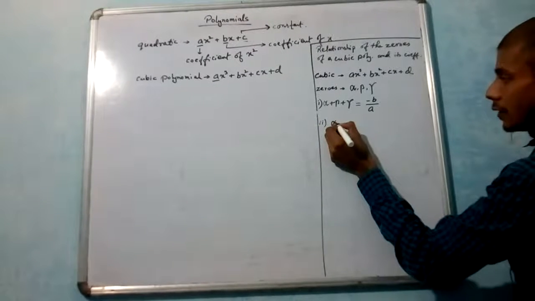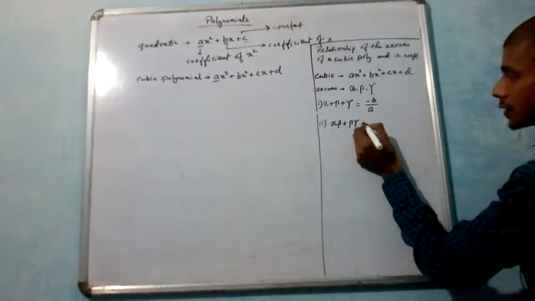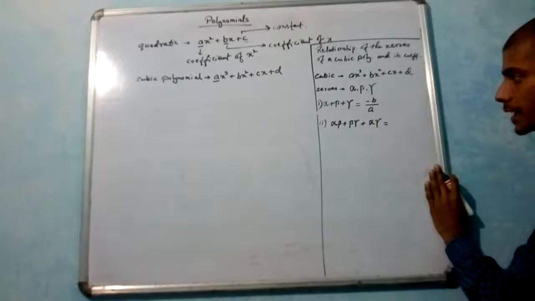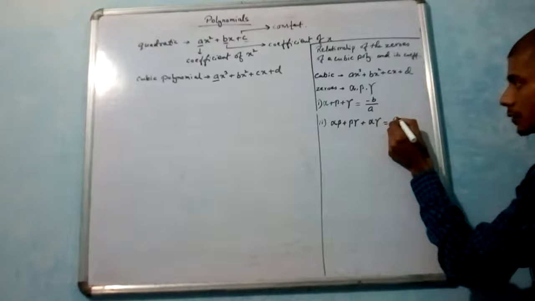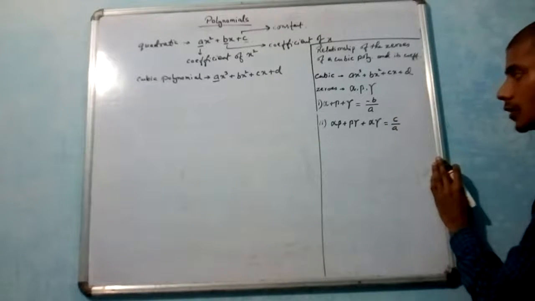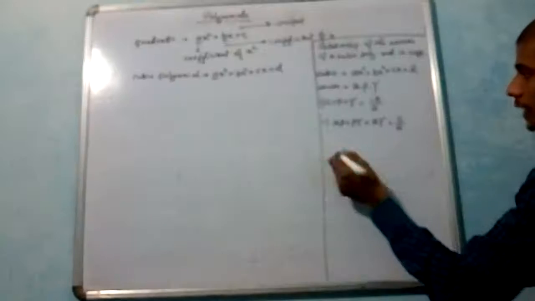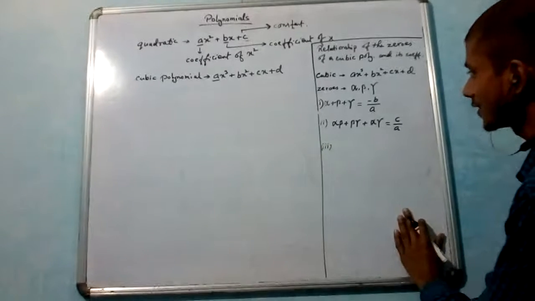The second one is alpha into beta plus beta into gamma plus alpha into gamma, which is equal to c by a, the coefficient of x by the coefficient of x cube. And what is the third relation?